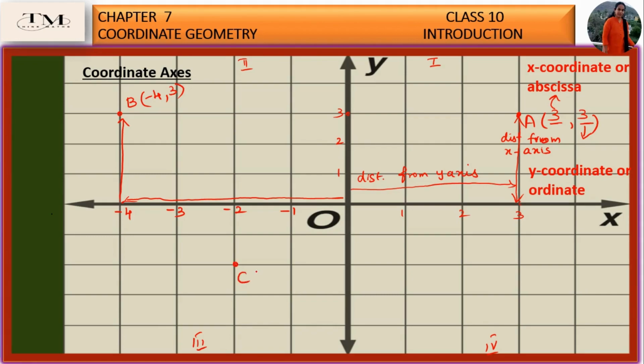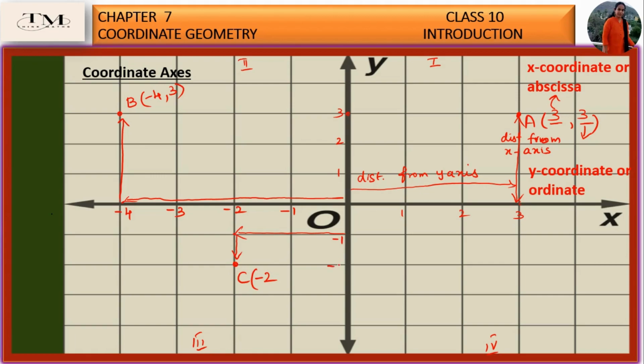Now coming to the third quadrant, I am plotting a point here. That is point C. What is the value here? Just check. This is also moving left, and if it moves left, it is negative. And the y coordinate is coming down. If it comes down, the y value will also be negative.